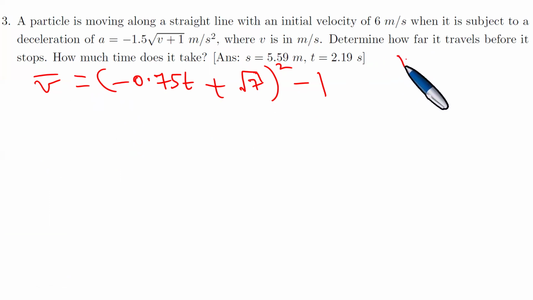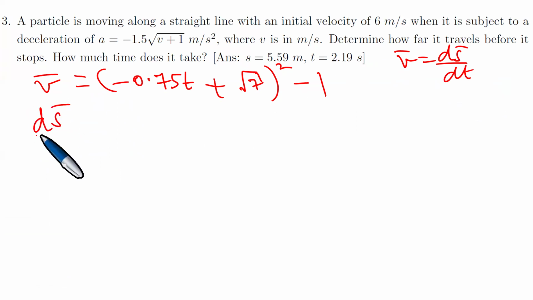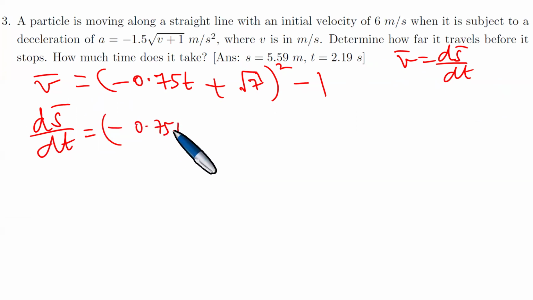So in the present velocity here, I would have ds/dt, which is minus 0.75 t plus the square root of 7, you square everything, minus 1. I'm going to give you some part calculations to do sometimes.